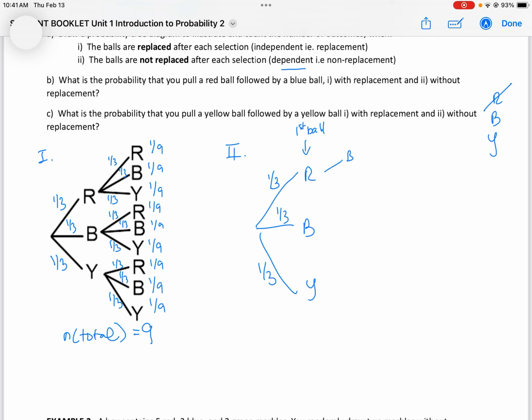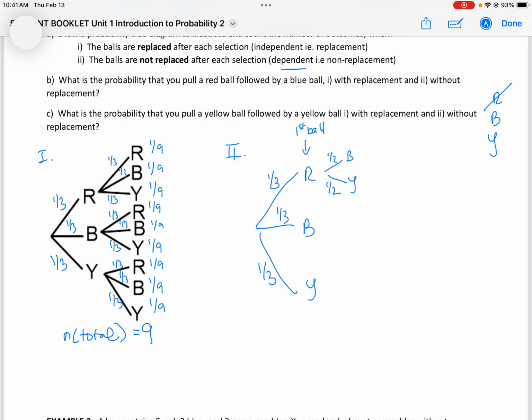So we can pull out a blue or a yellow, and now that's 50-50. So this actually changes the probability. Even though we're handling the exact same set of balls, by not replacing our red ball after we pull it, the probability changes, and blue and yellow now have a 1 in 2 probability of being chosen.